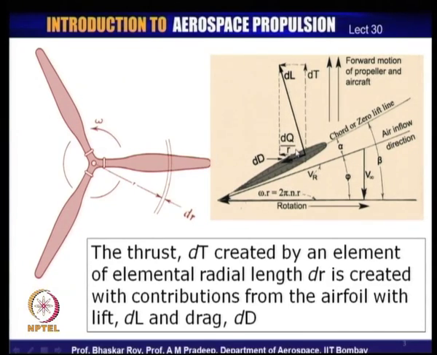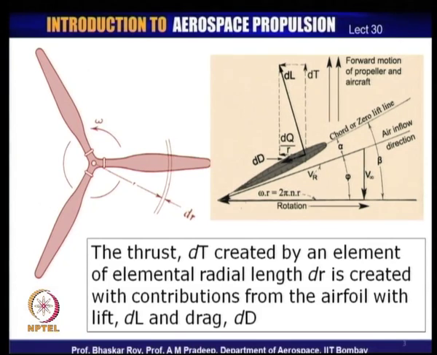The torque is what is supplied by the engine, and if all these things are matched together properly, we get an elemental thrust dT, which is what you would require to fly the aircraft when all the elements are put together of a particular propeller. So, the thrust that is created by an element at, let us say, a radial length dr is created with the contributions from the aerofoil, which are characterized by dL and dD of this particular element, and of course, the torque which is supplied by the engine.